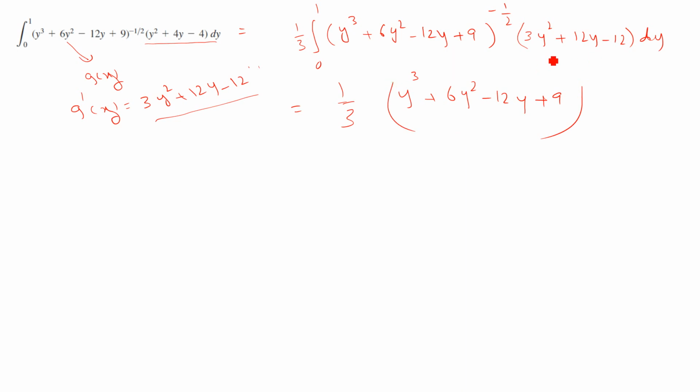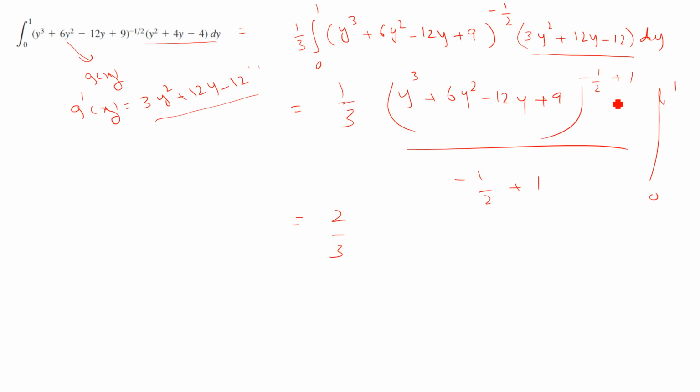Since we have the derivative of this function with us, we can apply this, otherwise it is not possible. Then we have to the power minus 1 by 2 plus 1. Of course, the limits: we are not going to change them because we didn't change the variable. So 1 over 3 divided by 1 over 2 makes it 2 over 3. Now just plug in the limits.